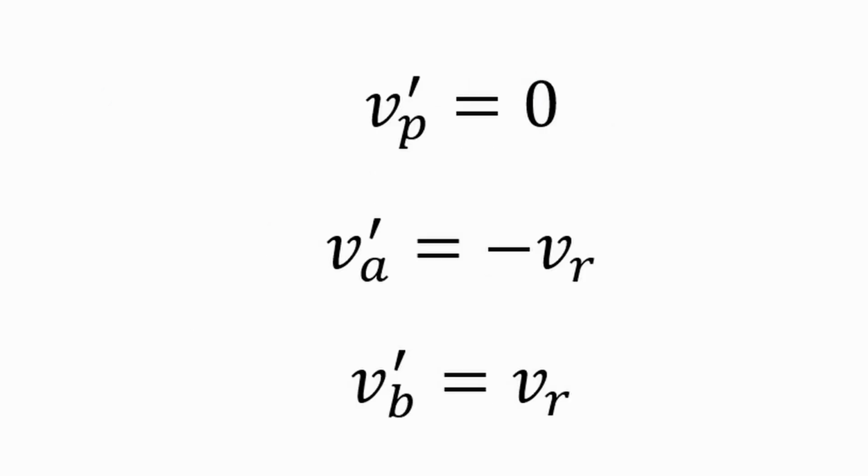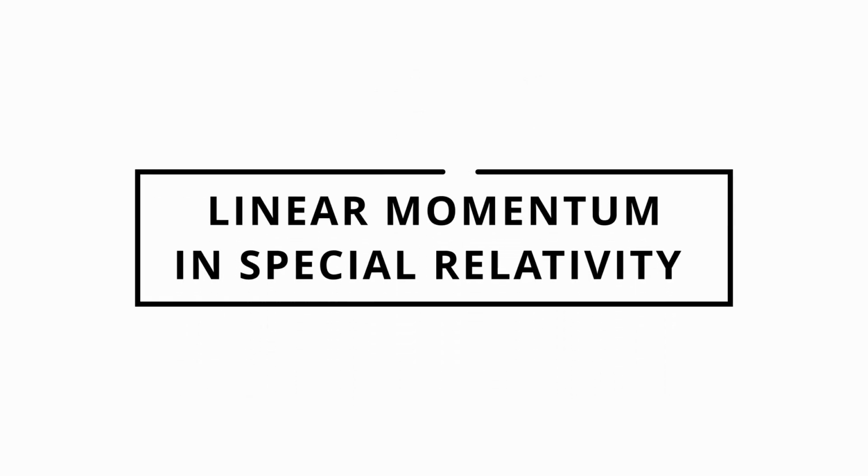We would like to determine the relationship between the particle masses, the velocities as measured from frame S and the linear momentum expressions in S and S prime frames of reference. We will assume that the mass as perceived by both frames of reference may be different.